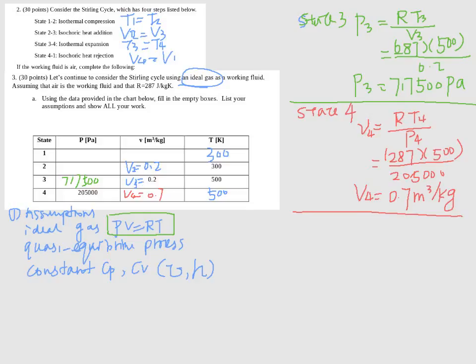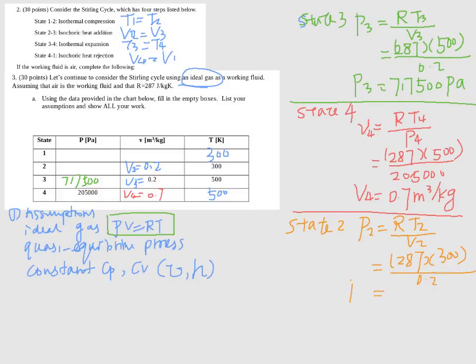Now we can move on to state 2. This is very similar to how we got P3. P2 is equal to R T2 over V2, and we can plug in all the numbers that we know: 287 for R again, T2 is 300 K, and V2 is 0.2.